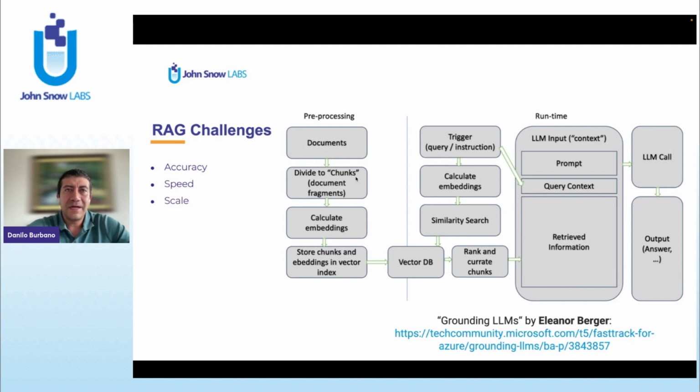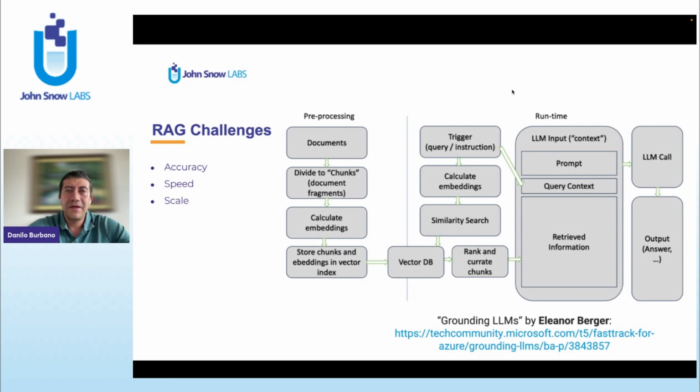Then the documents are divided into smaller chunks or fragments to facilitate easier processing. Each chunk is then converted into embeddings, capturing the semantic meaning of the text. These chunks and their corresponding embeddings are stored in a vector database, allowing for efficient retrieval later. So we can run this in a batch process overnight, for example, to have this vector database.